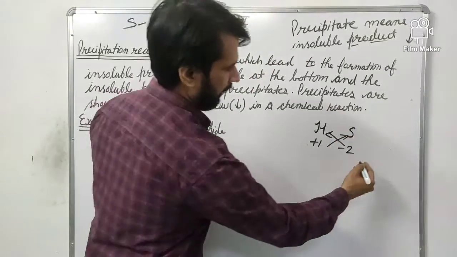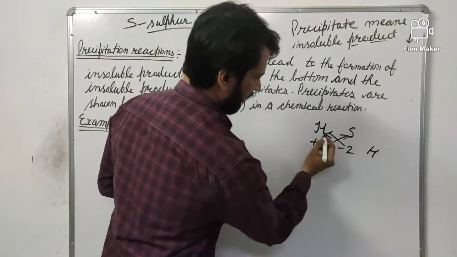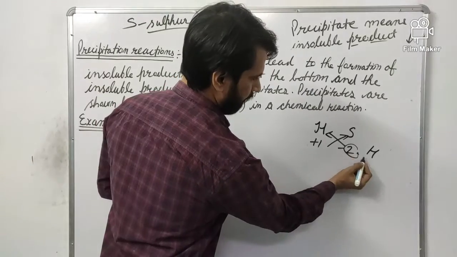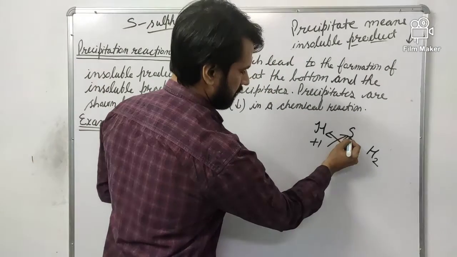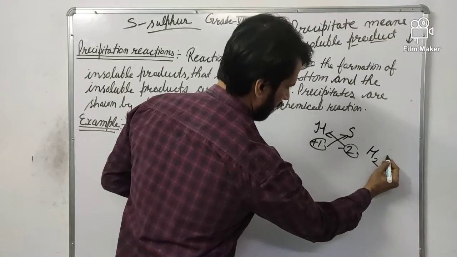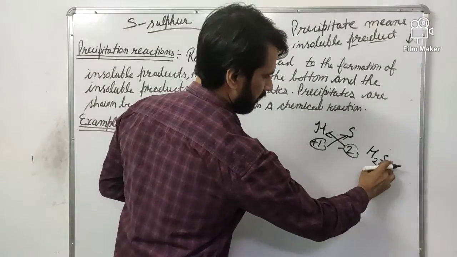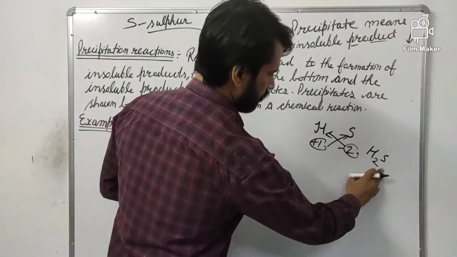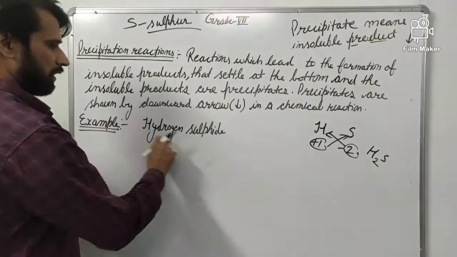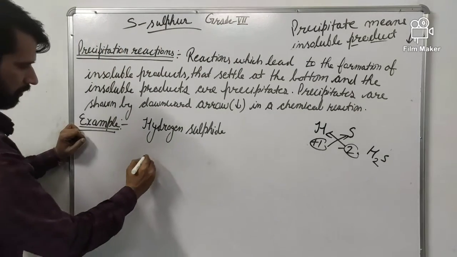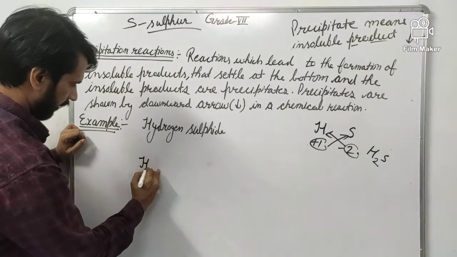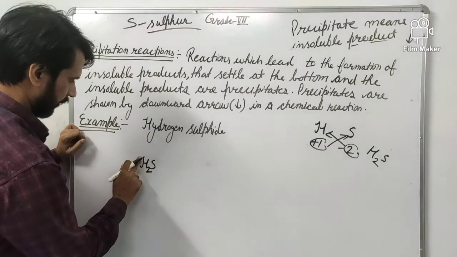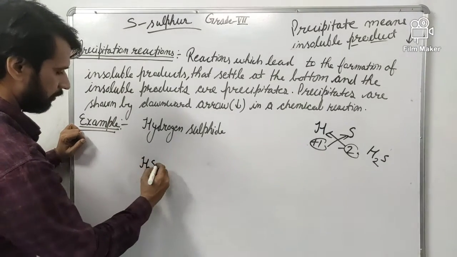After cross multiplying, H gets multiplied by 2 and S by 1. So H2S1, 1 is nothing, so we remove 1. So H2S, what is H2S? It is hydrogen sulfide. So now I write here the hydrogen sulfide H2S. I hope it is clear to you.